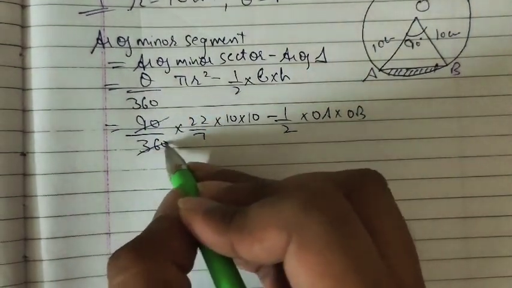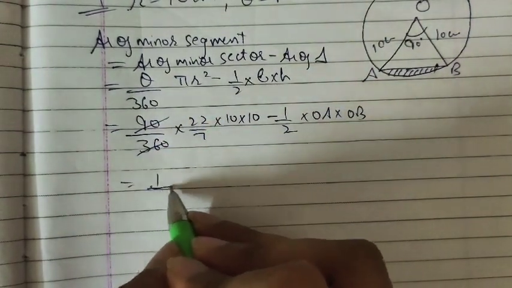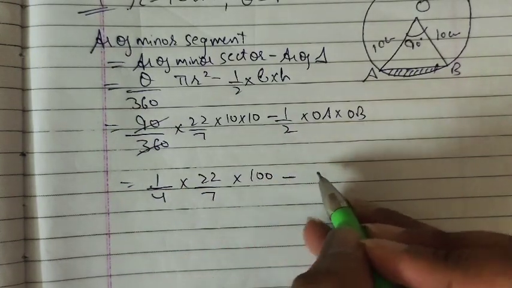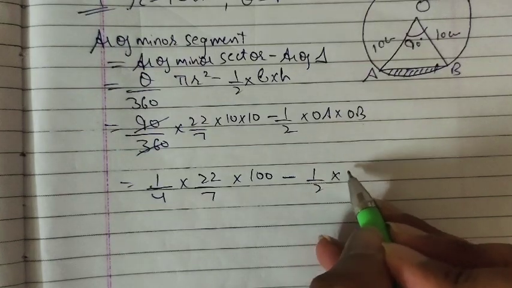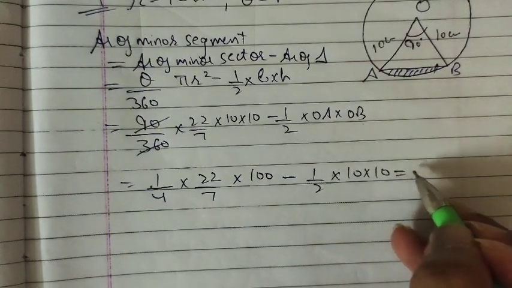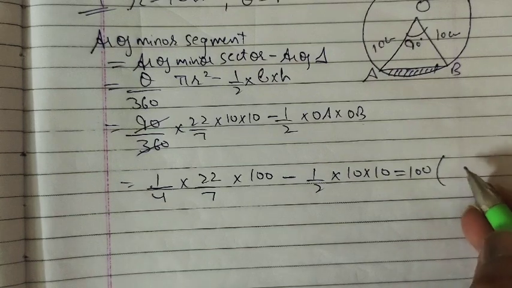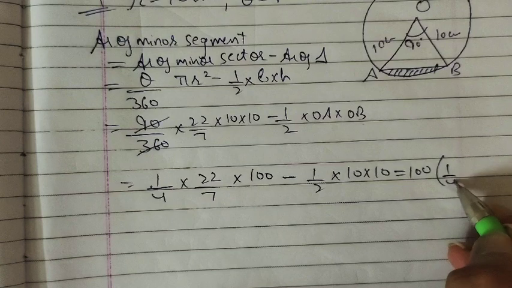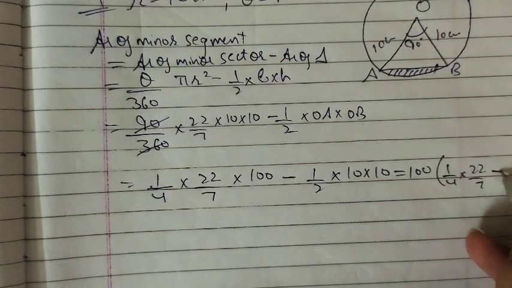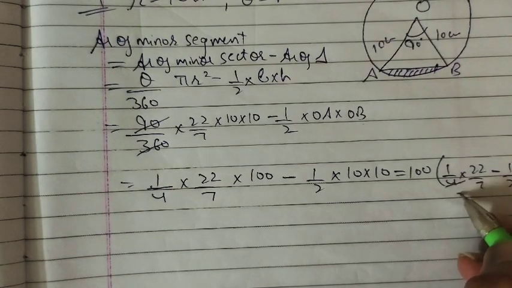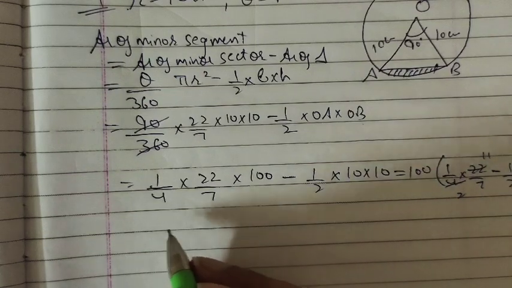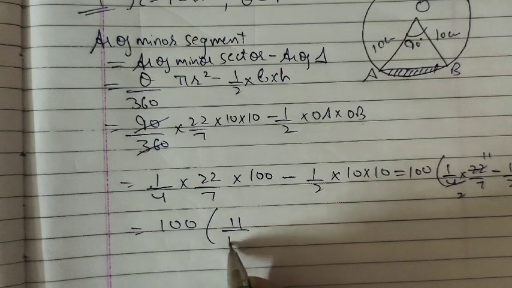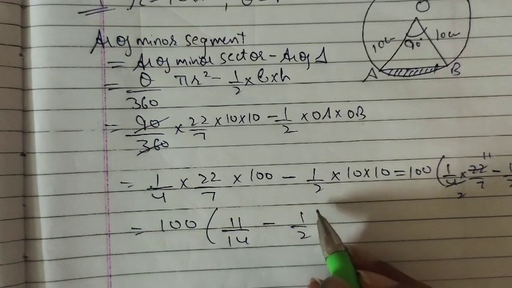So theta is 90 upon 360, multiplied by 22 by 7, multiplied by 10 multiplied by 10, minus half base OA and height OB. So this is 1 by 4 multiplied by 22 by 7 multiplied by 100, minus 1 by 2 multiplied by 10 multiplied by 10. Now we can take 100 common, right? Taking 100 common, inside we have 1 by 4 multiplied by 22 by 7 minus 1 by 2, or we can say this is 100 bracket 11 upon 14 minus 1 by 2.